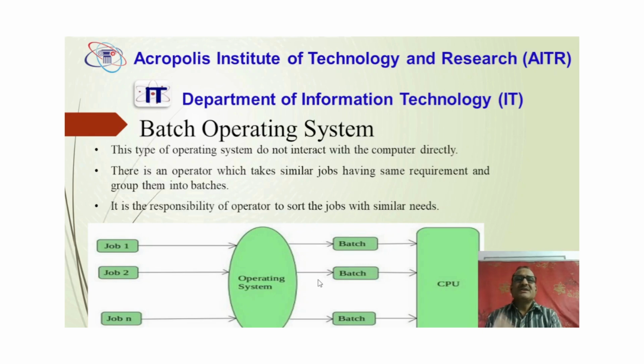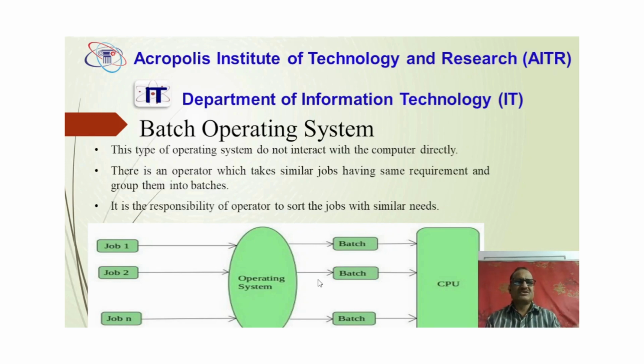This type of operating system does not interact with the computer directly. I mean, as the name says, the computer is hardware, so the operating system is not going to interact with the CPU, hardware, processor or machine directly. Instead, there is an operator which takes similar jobs.